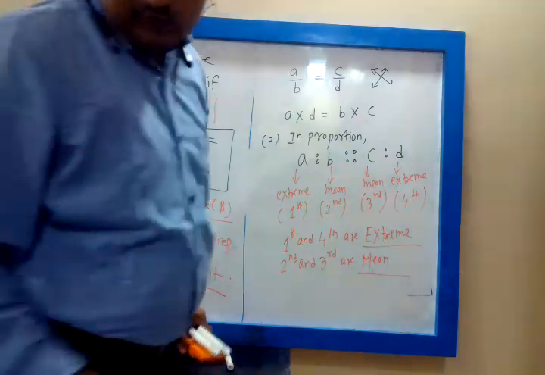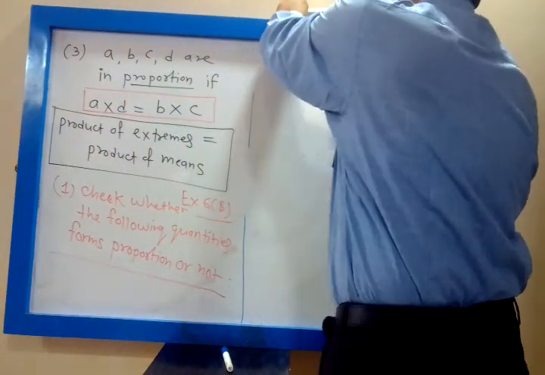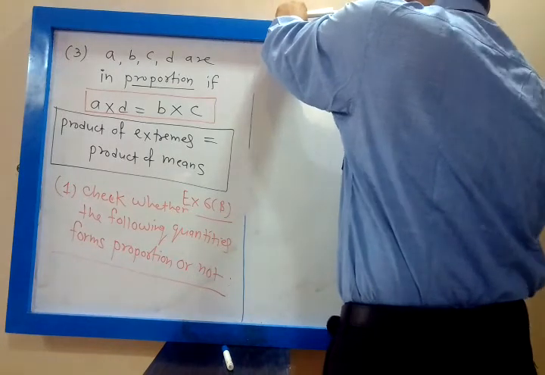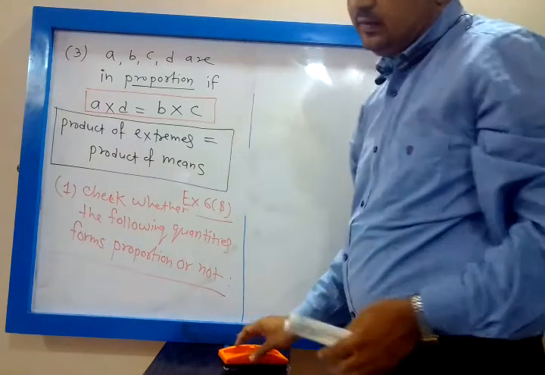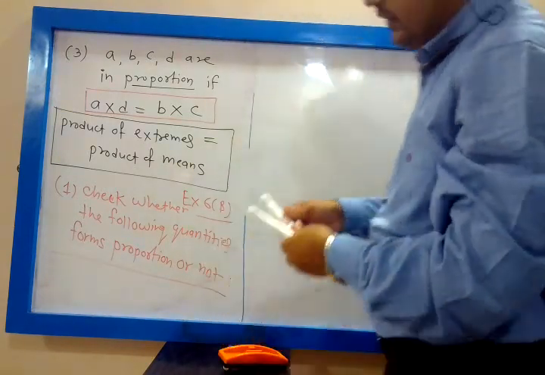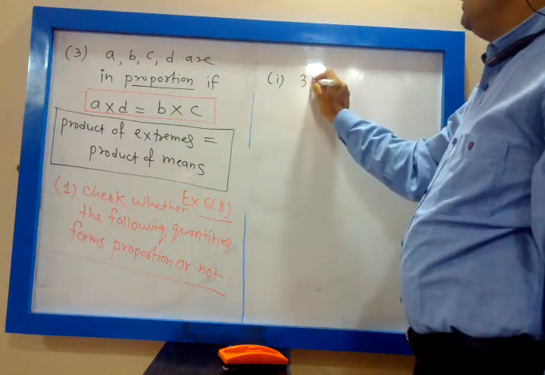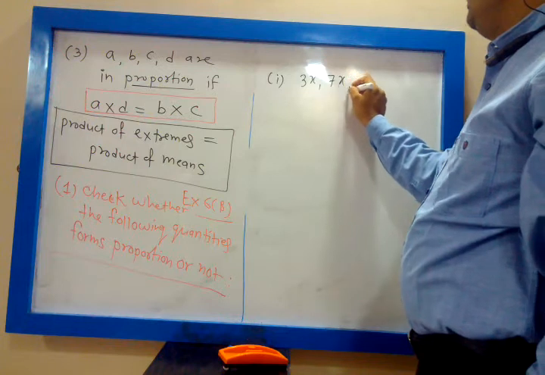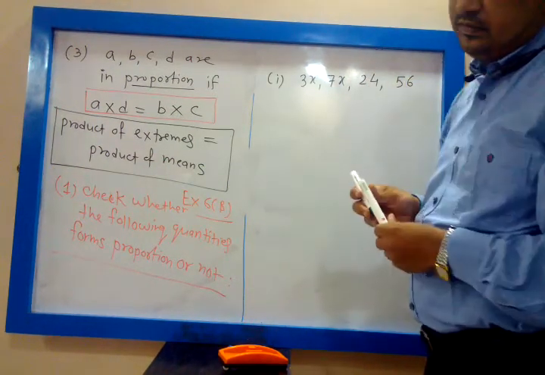3x, 7x, 24 and 56. They are four numbers.